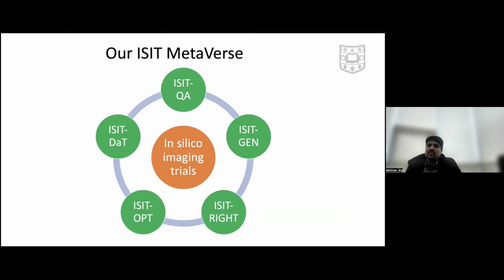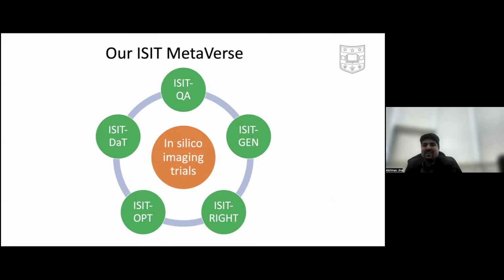We have also developed in silico imaging trials to assess whether task-based evaluation is even needed for AI-based methods. We find this to be a very useful, reliable, safe, cheap, ethically not questionable, and logistically very appealing tool, and I'm very happy if you have any questions about these tools.